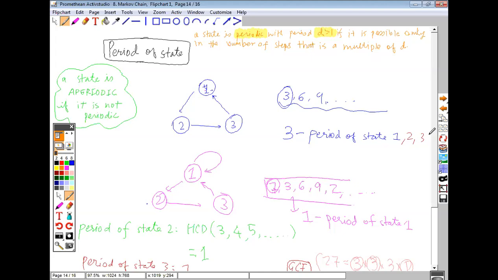So if you have a periodic state, you know that it will keep oscillating forever. There's no way you will be at 1, or at 2, or at 3 forever. So you know that this will always keep oscillating.